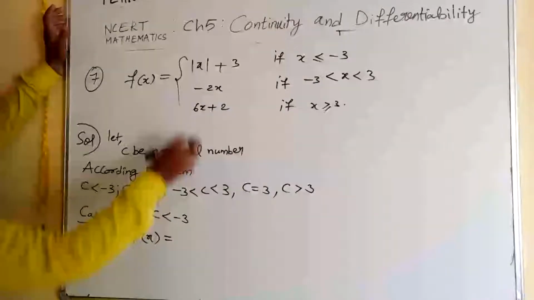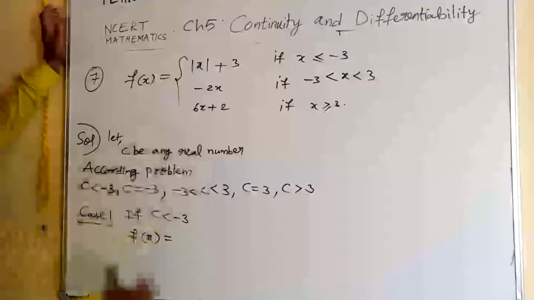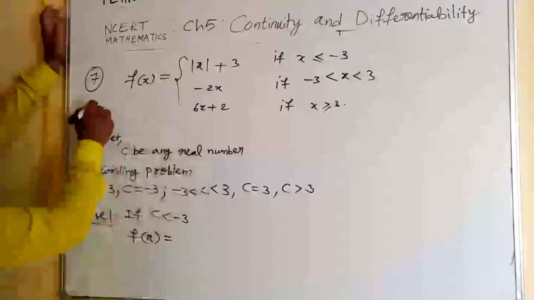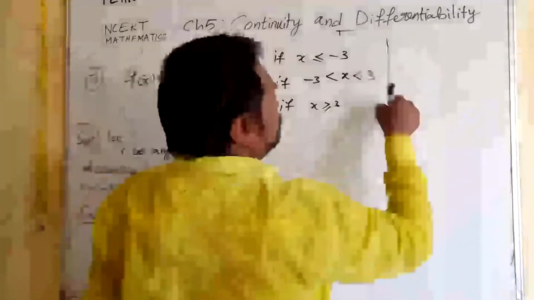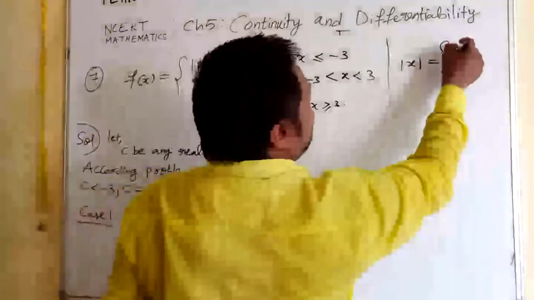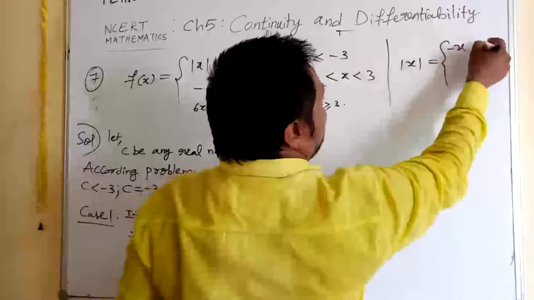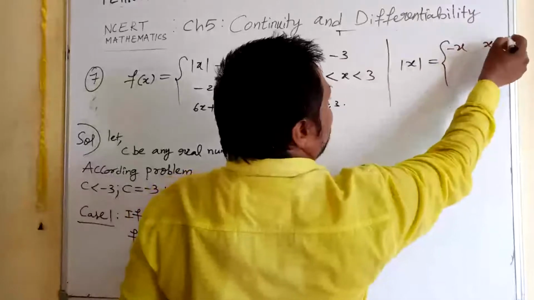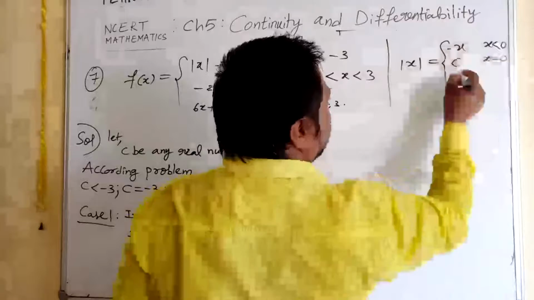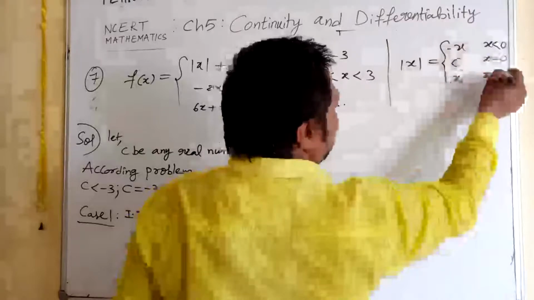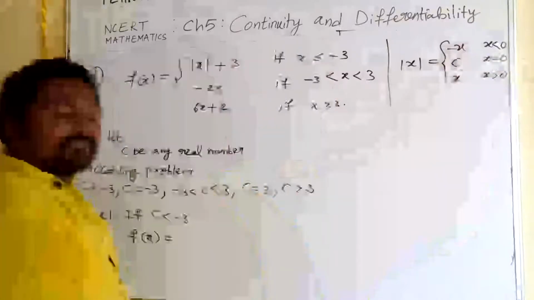Whenever less than happens in the modulus, I hope you all remember the modulus x function: modulus x is equal to minus x when x is less than 0, 0 when x is equal to 0, and x when x is greater than 0, right?